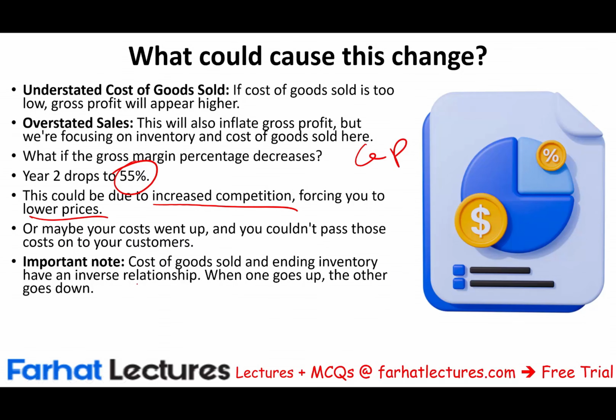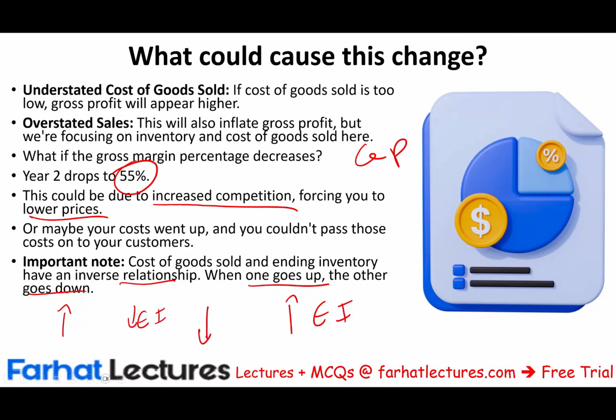Cost of goods sold and ending inventory, remember, they have an inverse relationship. When one goes up, the other one goes down. Why are we looking for this? Because if your cost of goods sold is going down, it means you have more in ending inventory. Your ending inventory is going up. If cost is going up, ending inventory is lower.